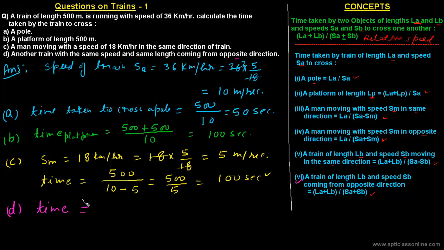It will be the length of both these trains combined, 500 plus 500 because the length is the same for both trains, divided by, since they are moving in opposite directions, their speeds will be added. That means 10 plus 10, because the speed of both trains is the same. So that is 1000 divided by 20, which is basically 50 second. That is the answer to this question.